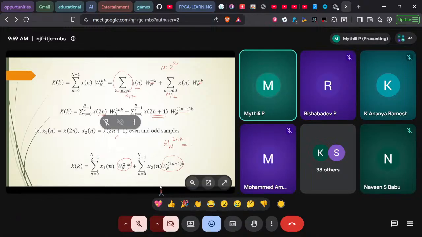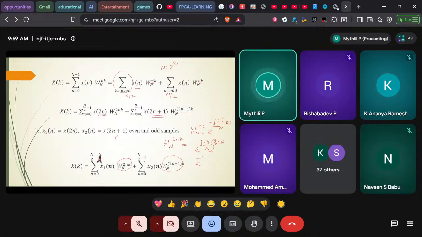First we'll write W_N of nk is equal to e to the power of minus j 2 pi by N into nk. So now W_N of 2nk will be e to the power of minus j 2 pi by N into 2nk. This 2 can be brought to the denominator, like this, e to the power of minus j 2 pi by N by 2 into nk.